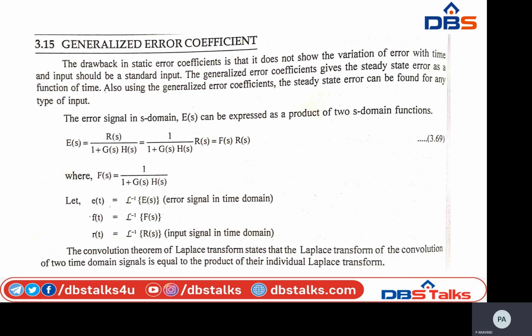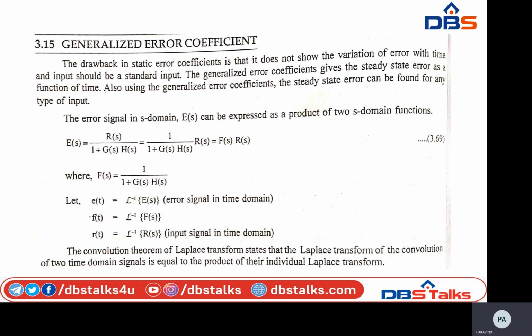See here, convolution theorem states that the inverse Laplace transform of product of two S domain functions is equal to convolution of their time domain functions, right? That is, inverse Laplace transform of F of S multiplied with R of S. So the product of two S domain functions, that is F of S into R of S, is equal to convolution of their time domain functions.